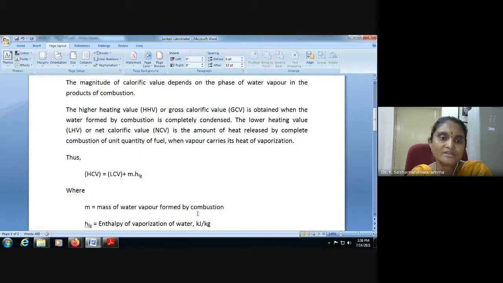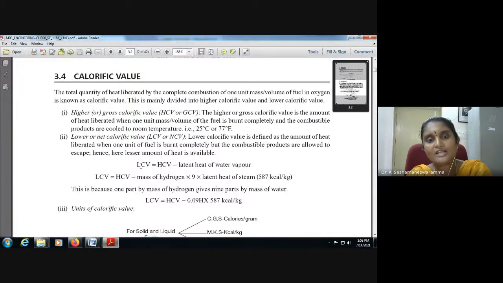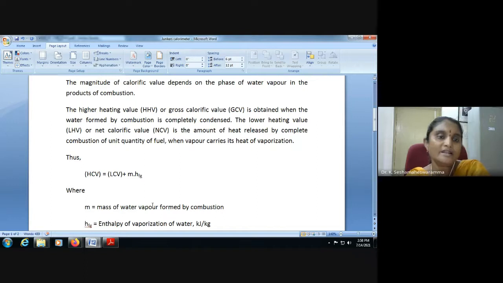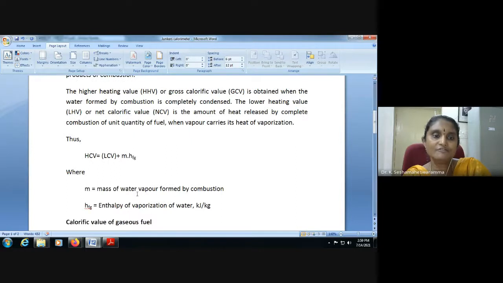Hence, the higher calorific value is equal to the lower calorific value plus the latent heat of water vapor. Lower calorific value is equal to HCV minus the latent heat of water vapor.